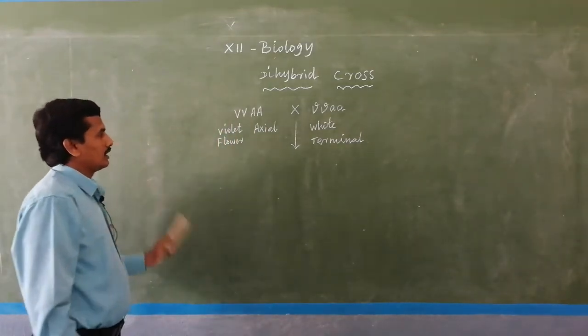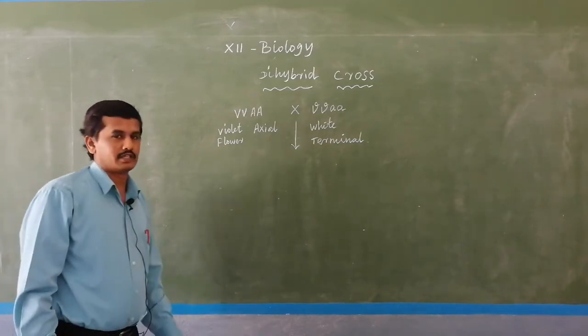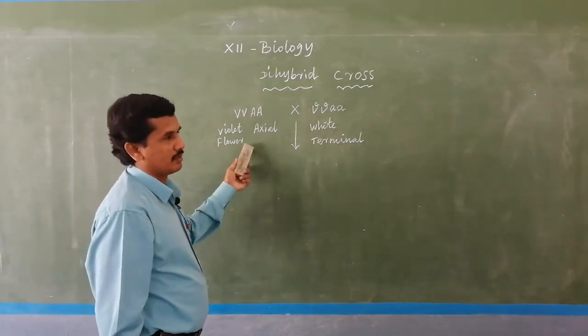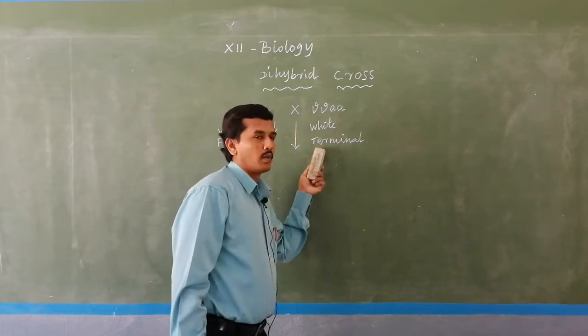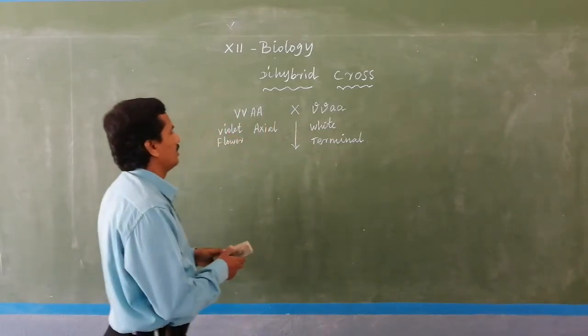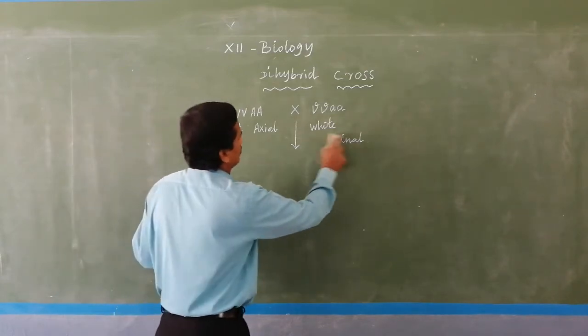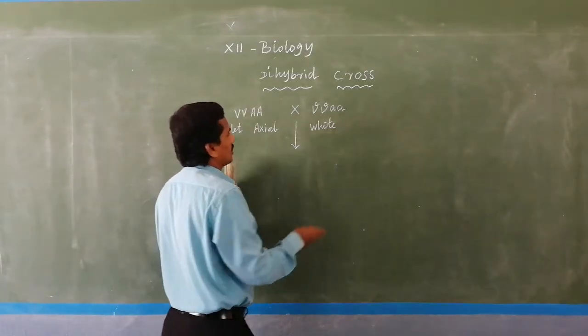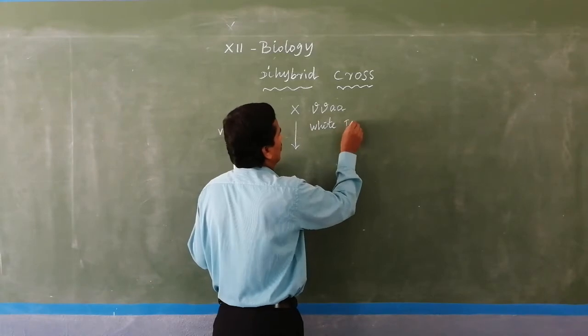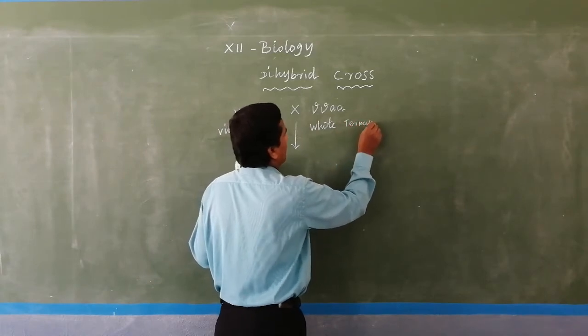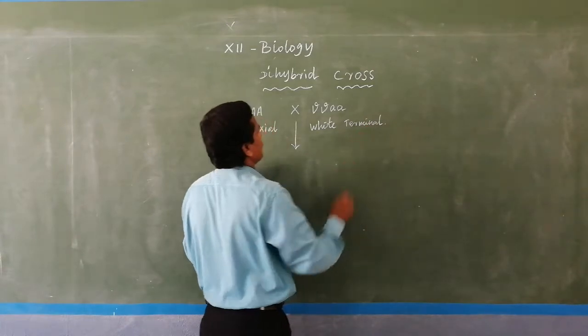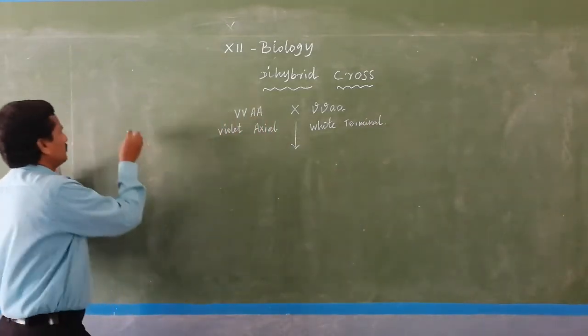So, violet colored flower with the axial position, one garden pea plant, is crossed with white colored flower with the terminal position. Simply, violet axial and white terminal. Actually, these are the parents.